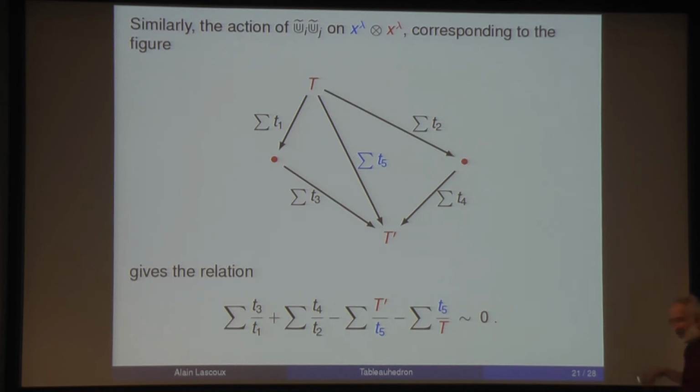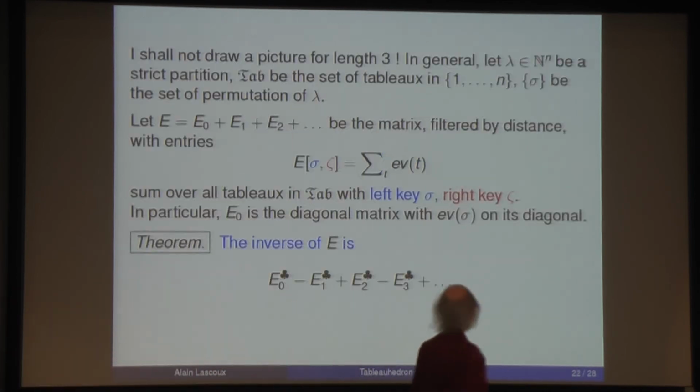So I put equivalent when you evaluate in the commutative world. So you have an identity on sets of tableaux. What it is good for, we shall see.